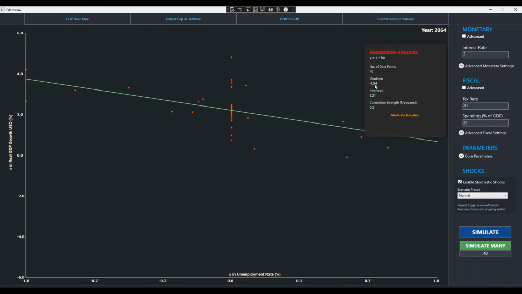So after increasing Okun's beta coefficient, we should see a similar R-squared value, 0.3, give or take 5%, and a gradient which is shallower than negative 1.54, i.e. it's larger than negative 1.54.